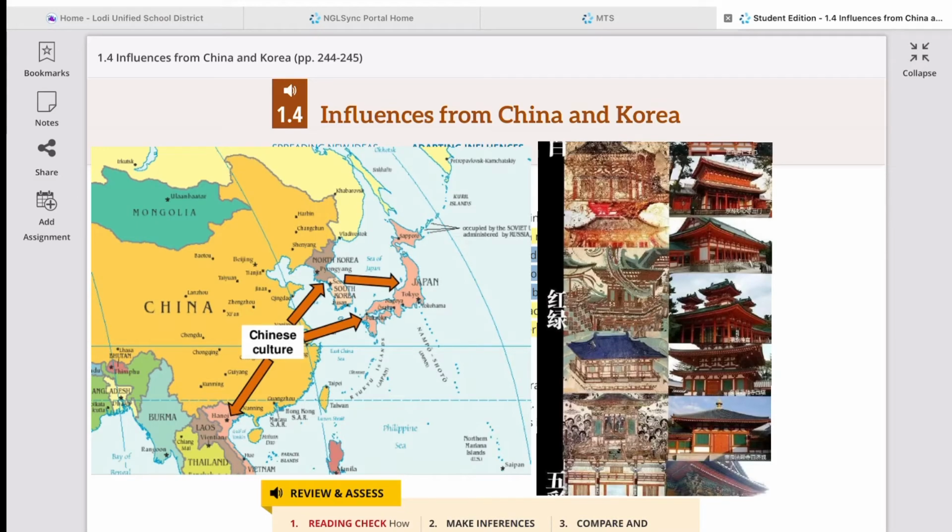Japan continued adopting and adapting Chinese practices into the early 800s. By then, Japan's own culture was flourishing. After 839, Japan no longer sent any major missions to China.